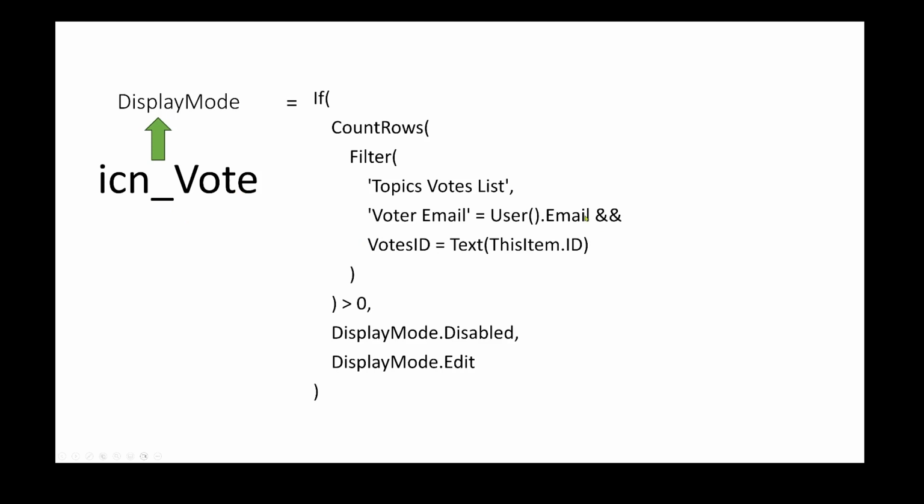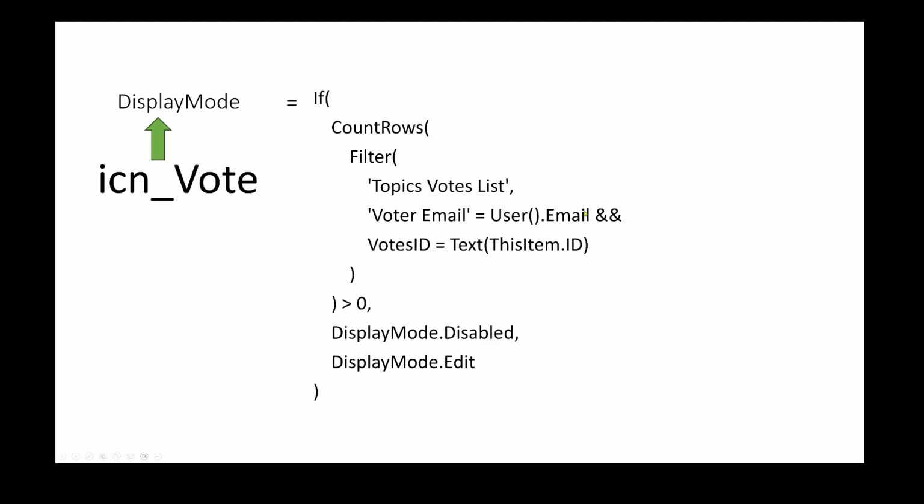And we start by looking at the topics votes list. And we query that list, or we ask that list, if there are any items where the voter's email equals the current user's email, and the votes ID equals this item ID because the user could have voted on something else.